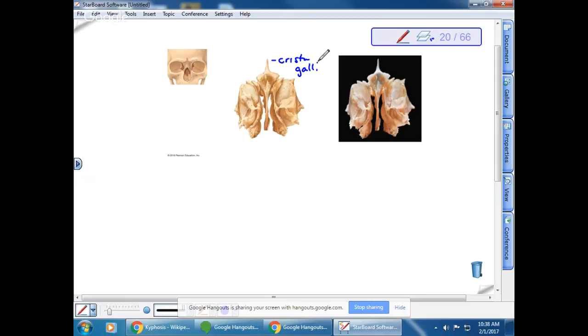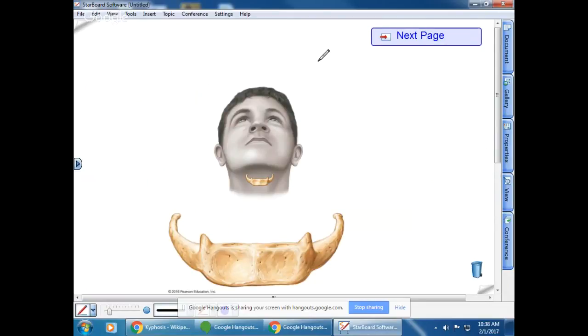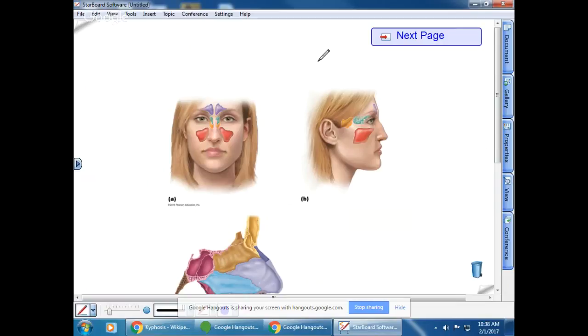Okay. So let's look at the sinuses. Part of the skull, we have these sinuses, and one of the things that they do is help to moisten or humidify the air. We actually lose a lot of water via respiration.